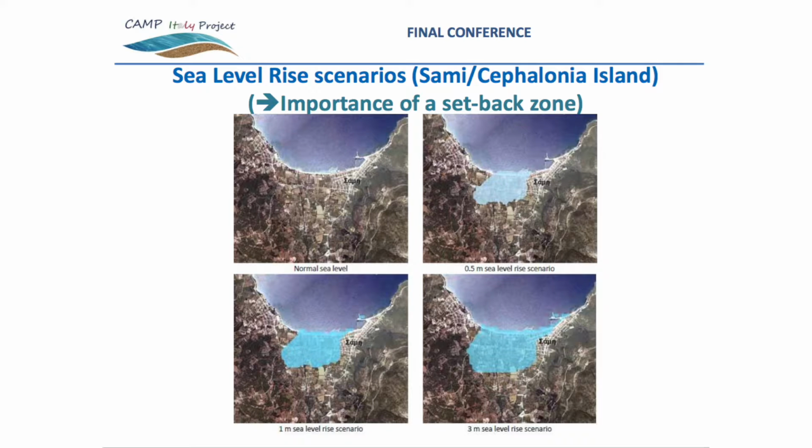Upper on the right, the impact of a sea level rise by 50 centimeters, if the water comes up by 50 centimeters. Lower left, if the water comes up by 1 meter. And lower on the right, if the water comes up 1.5 meters. You see that a big part of the built-in area already will be covered by water.